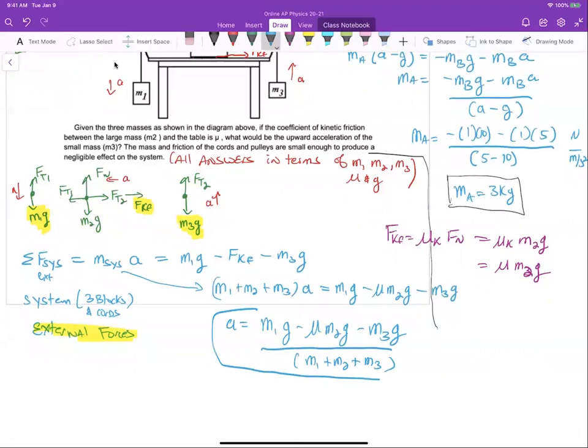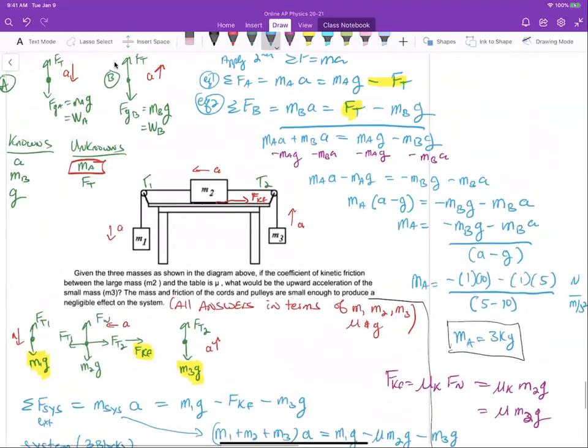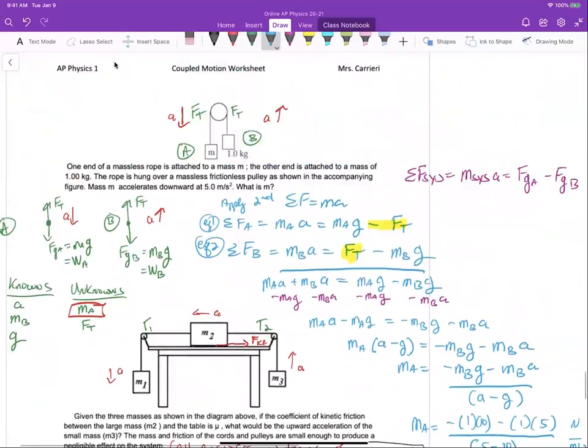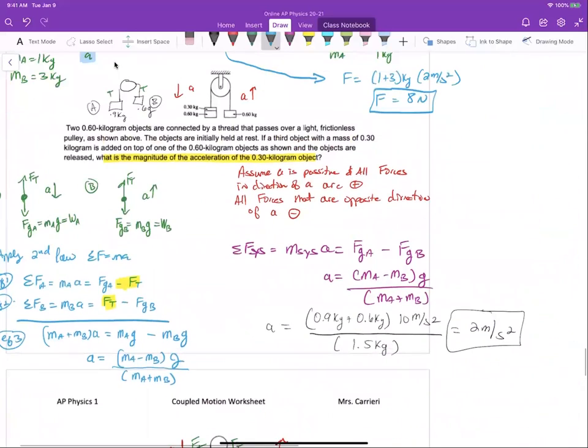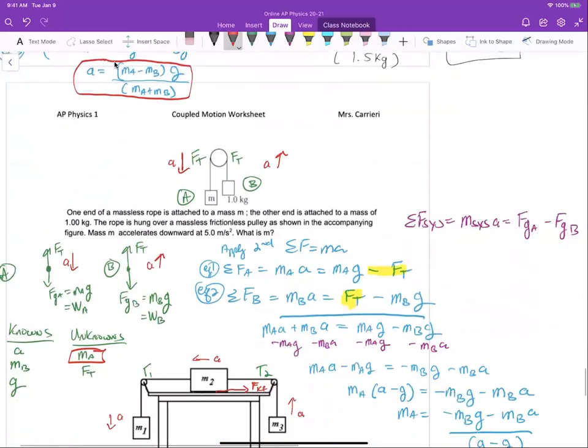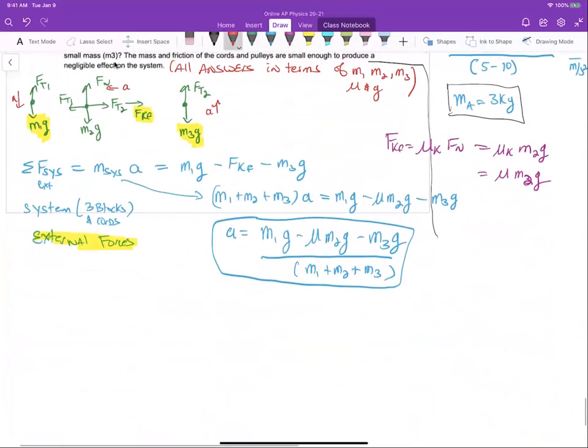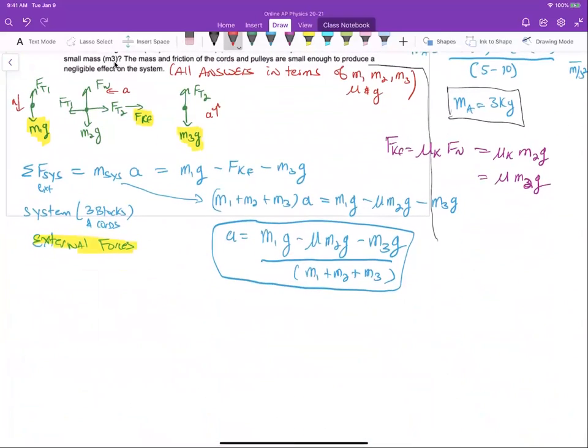I just want to point out something. We just solved for something very similar up here. I think it was the second one where the acceleration was equal to the difference of the masses times g divided by the sum of the masses. So let's look at this one. Let's rearrange this just a little bit.